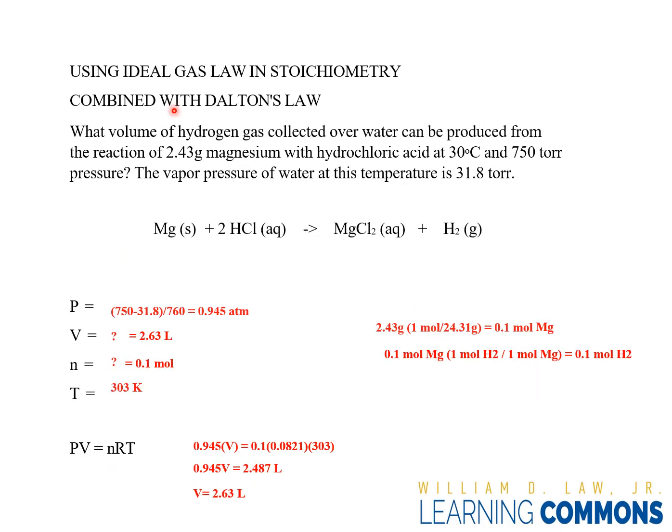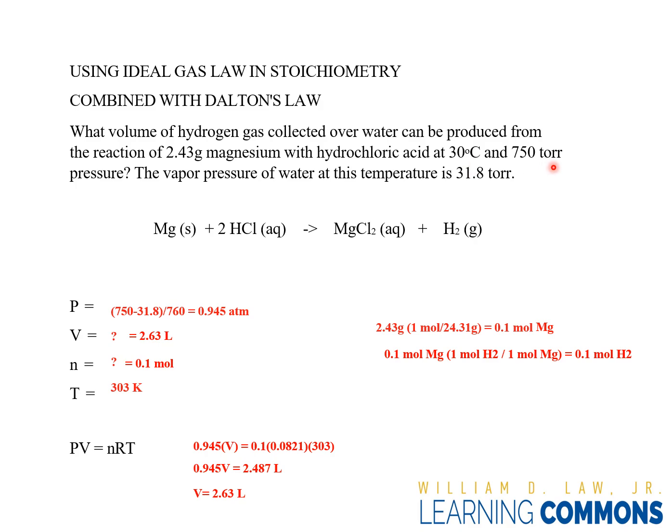Right, we use the gas law with stoichiometry. If you read this example, what is the volume of the hydrogen? They want the volume of the hydrogen gas collected over water that can be produced from the reaction of 2.43 grams of magnesium with hydrochloric acid at 30 Celsius and a pressure of 750 torr.